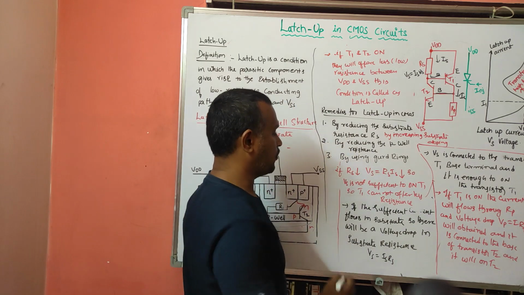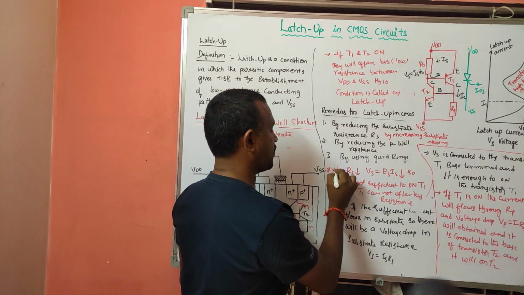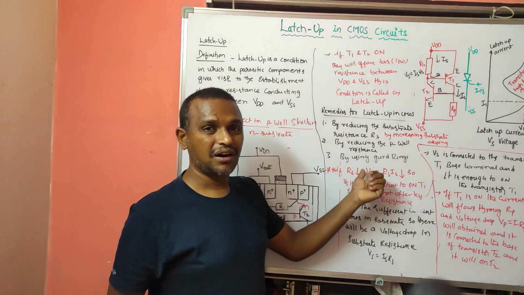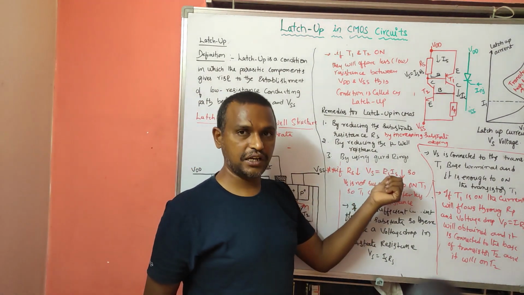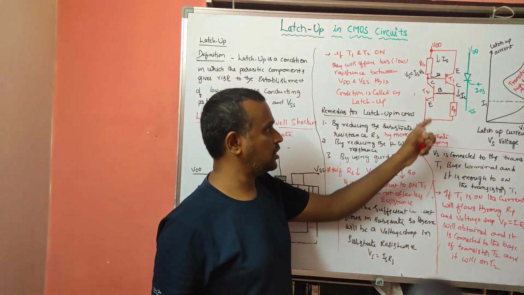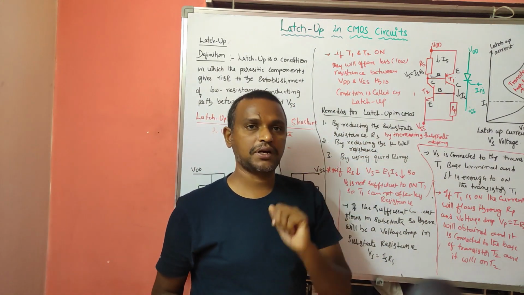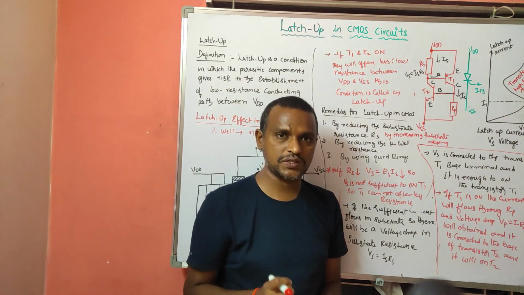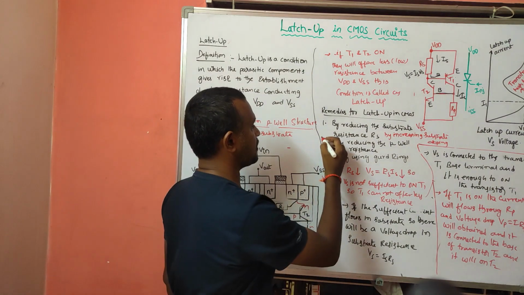This is a very important point. So if RS is decreased, Vs decreases, and that Vs is not sufficient to turn on the transistor T1, so there will be no latch-up condition, because it cannot offer low resistance.